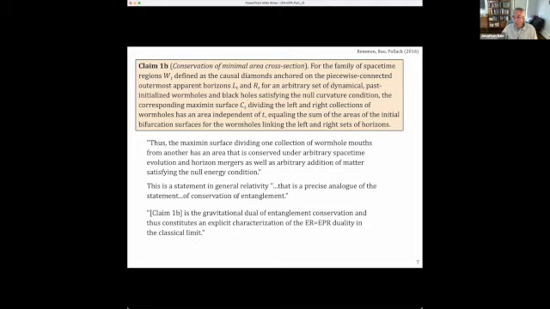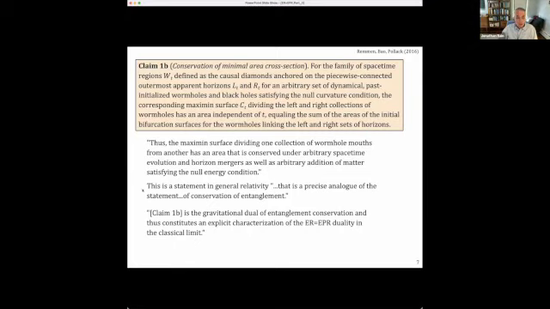This is a statement in general relativity, quote, that is a precise analog of the statement of conservation of entanglement, unquote. And furthermore, their theorem, claim 1b, is the gravitational dual of entanglement conservation, and thus constitutes an explicit characterization of the ER equals EPR duality in the classical limit.